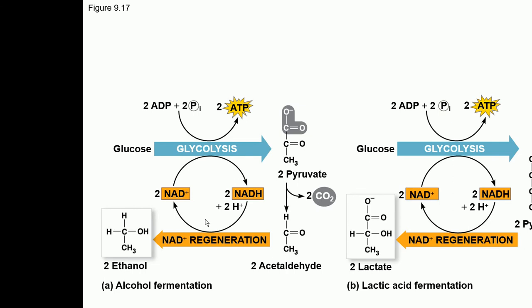So in the case of alcoholic fermentation, acetaldehyde acts as the final electron acceptor, and it itself gets reduced and forms ethanol. Unlike aerobic respiration, unlike cellular respiration, where oxygen acts as the final electron acceptor.